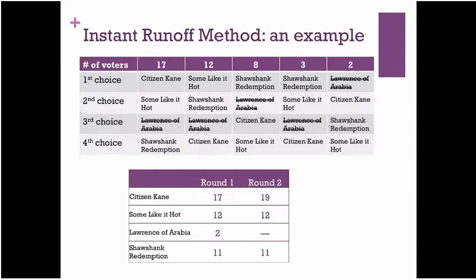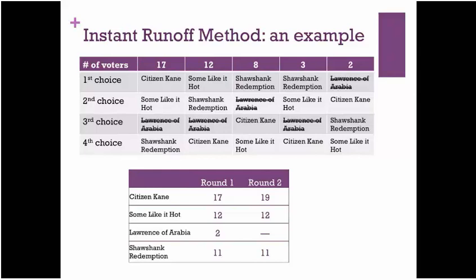Okay, now what does that do to the first choices? Well, for most people, it doesn't make any difference at all. In fact, there were only 2 people that said Lawrence of Arabia was their favorite movie. So these are the only people who are changing. They're forced to change. They can't vote for Lawrence of Arabia anymore. So they say, okay, we prefer Citizen Kane.